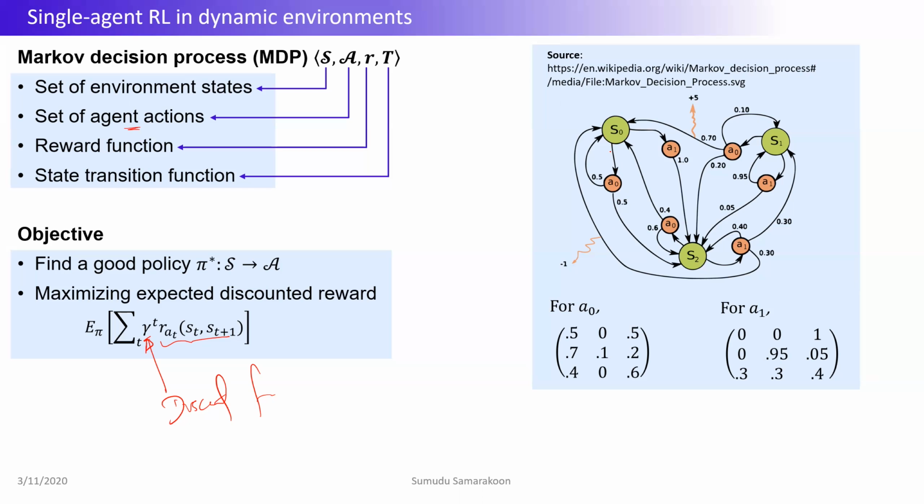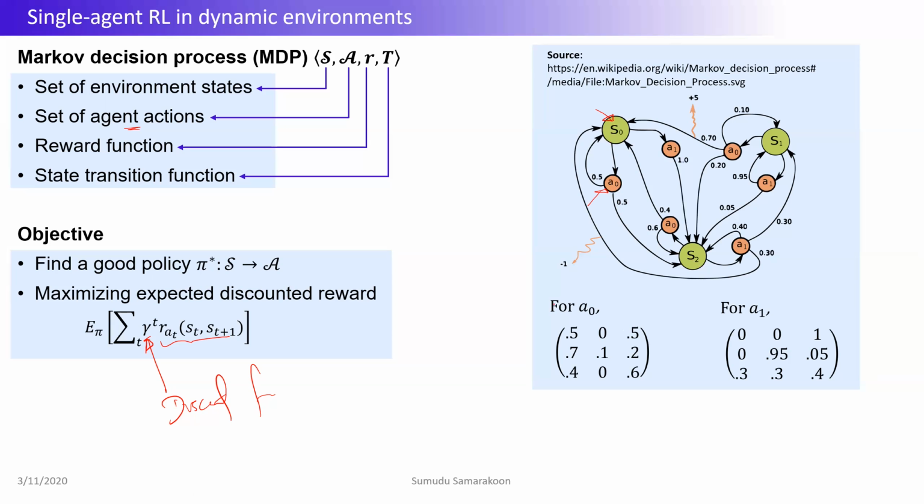For example, in state 0, if the agent takes action A0, there's a 50% probability that the agent is going to observe it is again in state 0, or there's another 50% probability the state is going to change from S0 to S2.